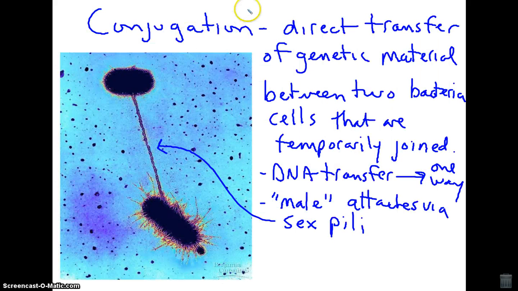The last process we're going to look at is called conjugation, and this is the direct transfer of genetic material between two bacterial cells that are temporarily joined. So here the DNA transfer is one way, and they attach by this structure called a sex pilus, and so there really aren't male and female. We'll call one of them male, and as we'll see in a minute, those are the ones that will have the F+ gene.